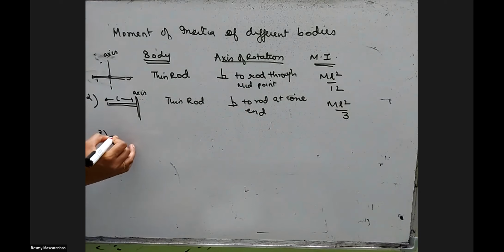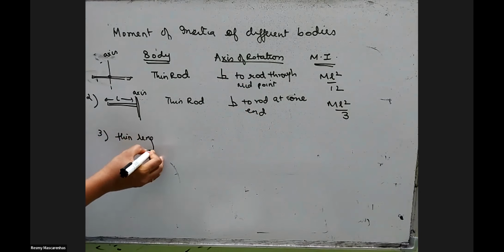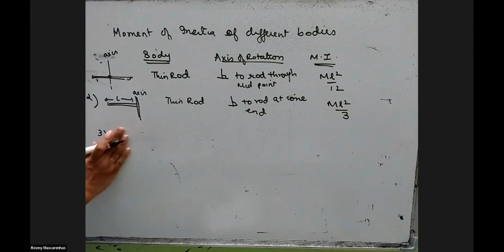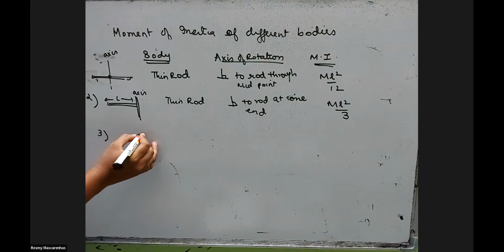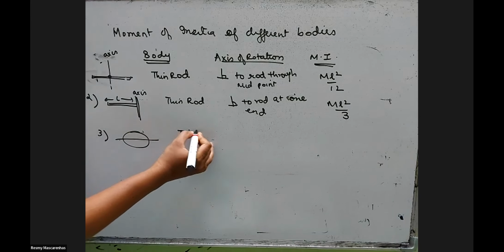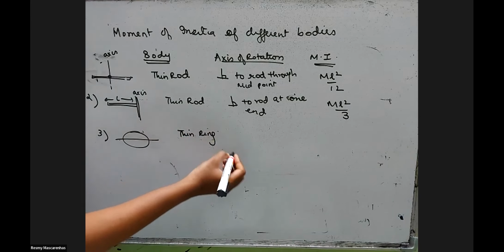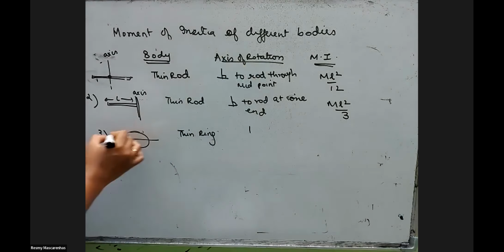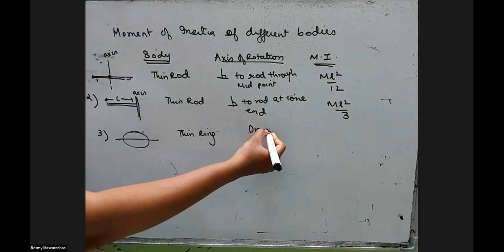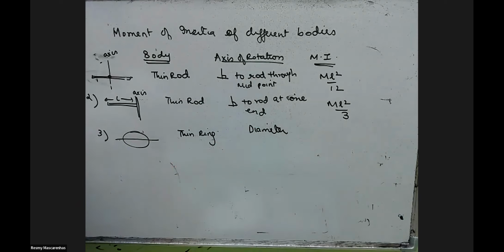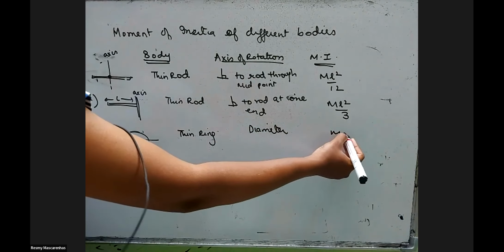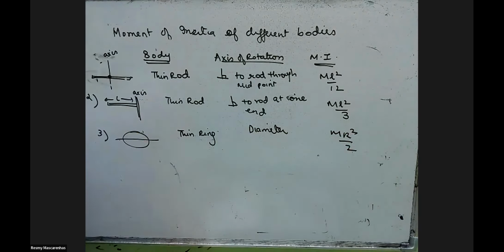Third one, a thin ring. The axis is the diameter. Then after calculating, the moment of inertia you'll get is MR square by 2.